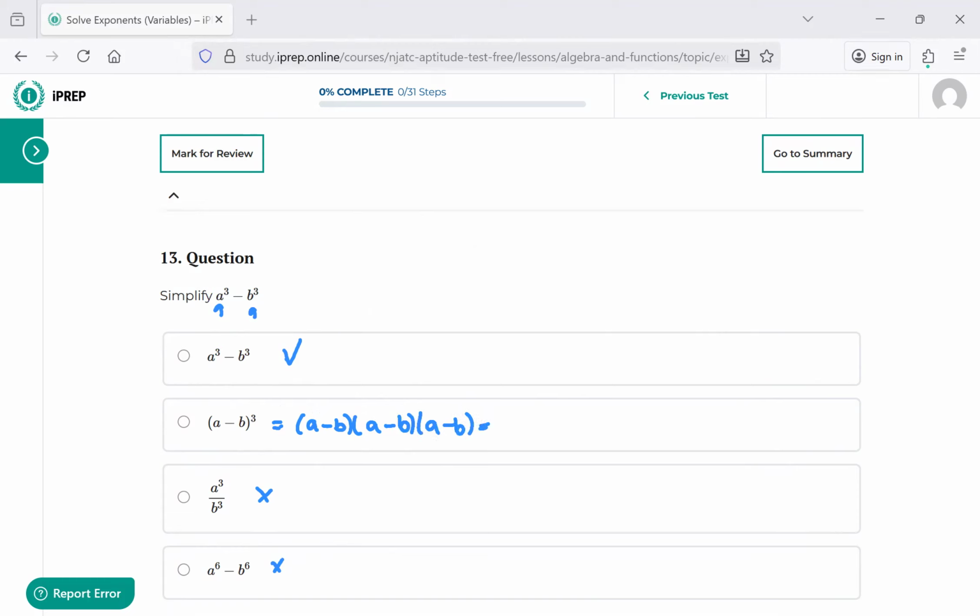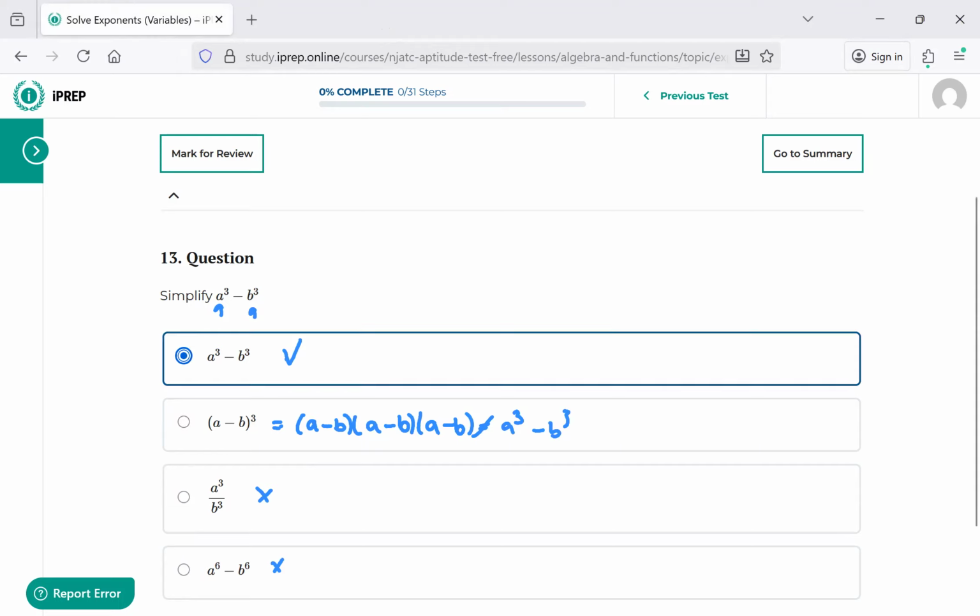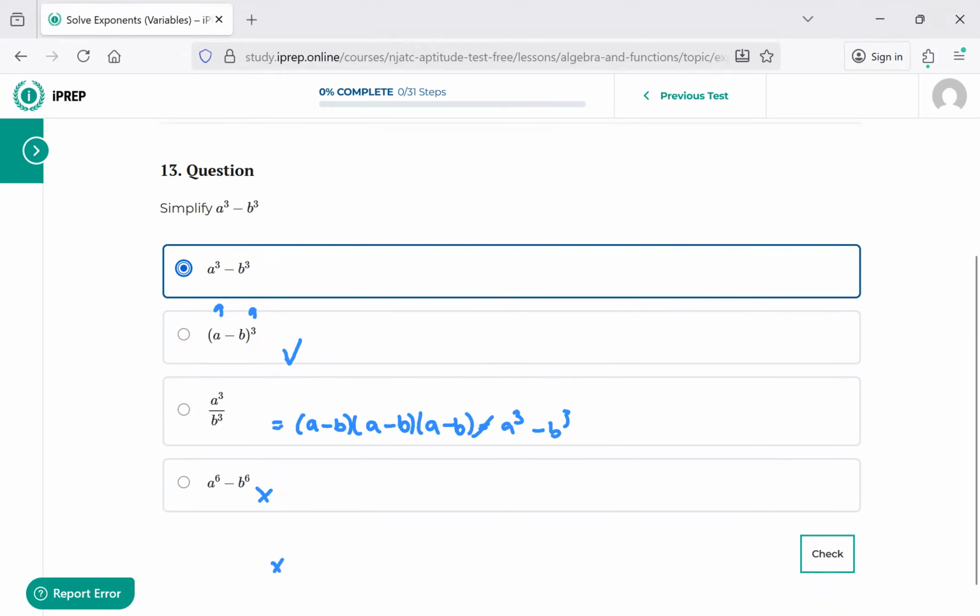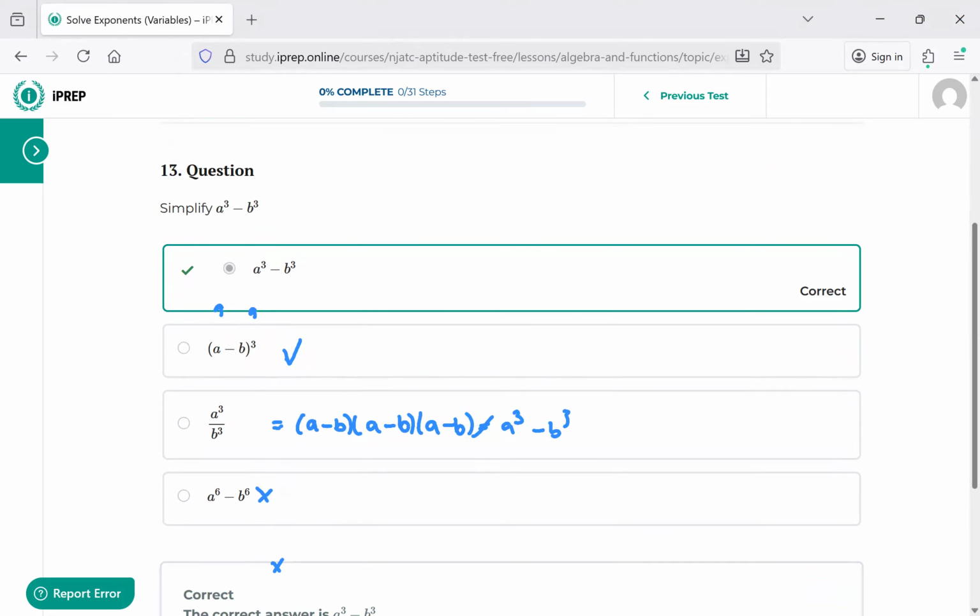And when you FOIL it out, there's no way it's going to turn into a cubed minus b cubed, right? It's going to be an a squared. No, it's all one big mess. So it has to be the first one. So that can be a tricky one. Correct. Good.